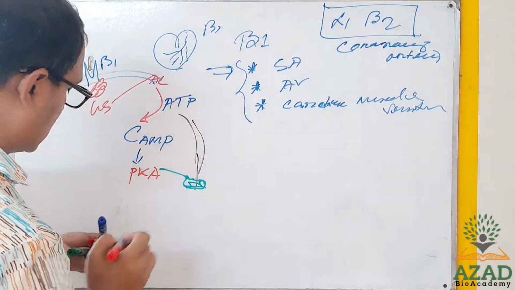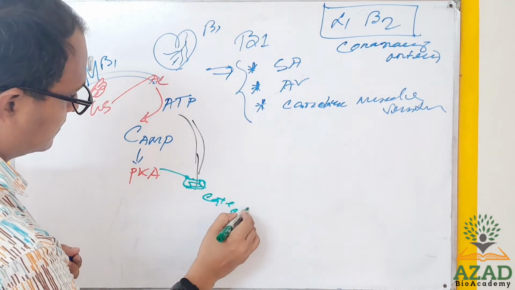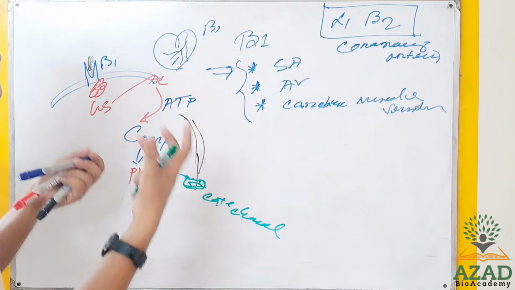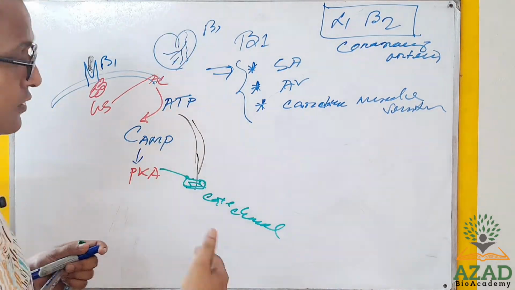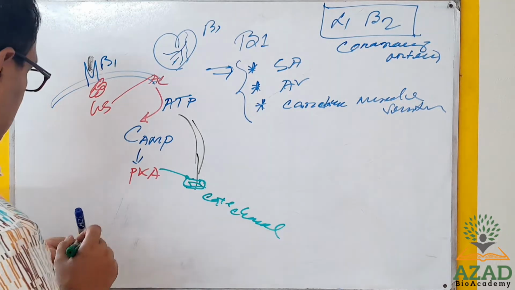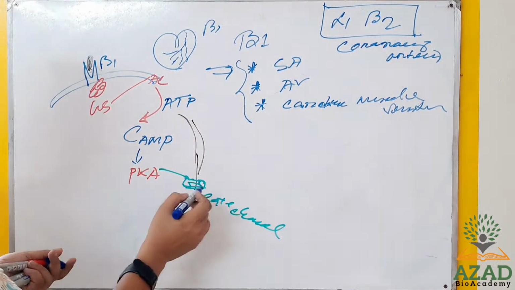This is the calcium channel. Where exactly it is located, I have another video available on my channel, so you can go for that. Okay, what will happen when the calcium channel opens?